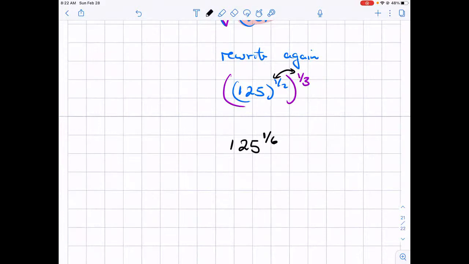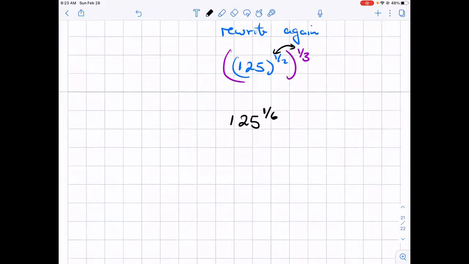125 to the 1/6 power is really the 6th root of 125. Now, you're probably questioning yourself, I don't know the 6th root of 125. But if you write it this way, maybe you will see it. Because 125 can be rewritten as 5 cubed.